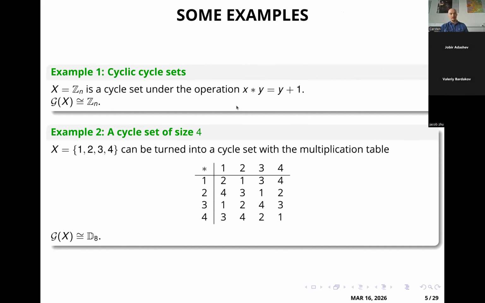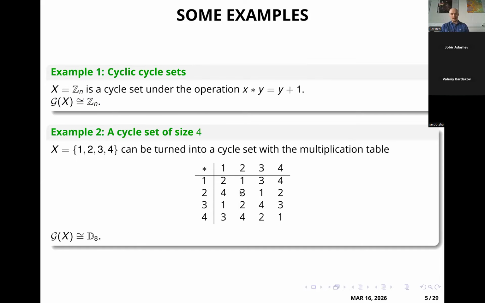Another cycle set that is indecomposable is the set 1, 2, 3, 4 with the following multiplication table. And it can be checked that this is indeed a cycle set, and furthermore that its permutation group is a dihedral group of order 8, or one could also say it's the 2-Sylow subgroup of S4.